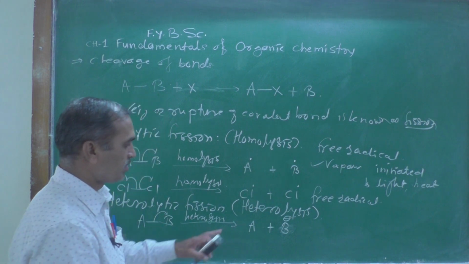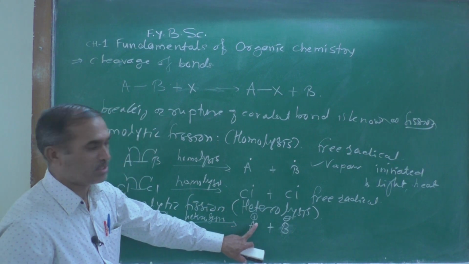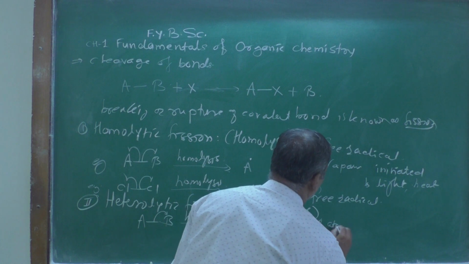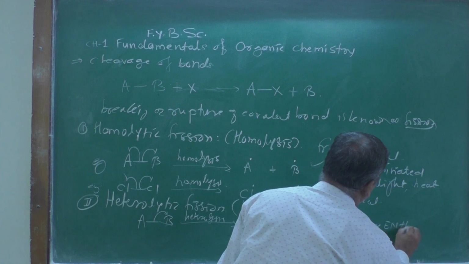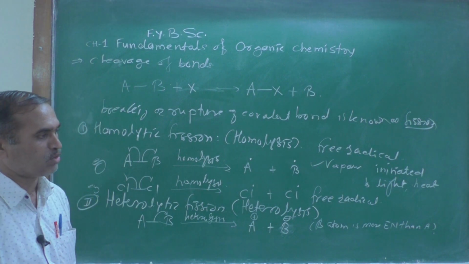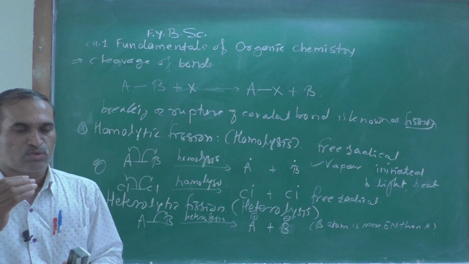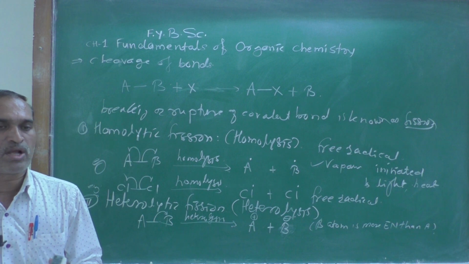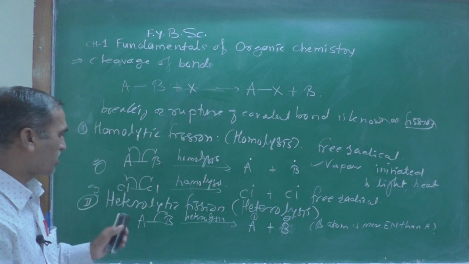It means this A atom gets a positive charge, and in this case B atom is more electronegative than A. More electronegative means it has the ability to attract more electrons toward itself and gets a negative charge.